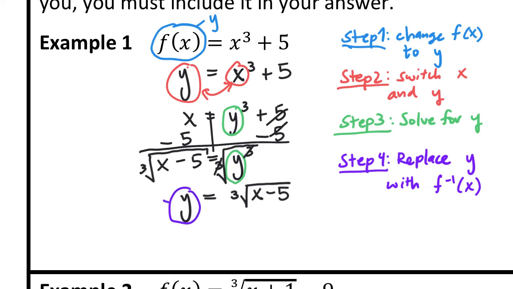Replace this with f inverse of x. So it's going to be f inverse of x equals the cube root of x minus 5.